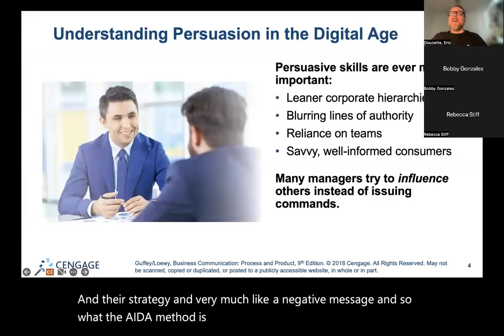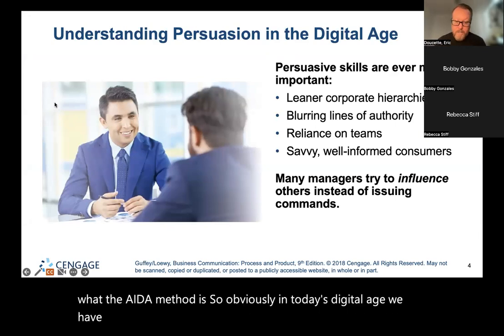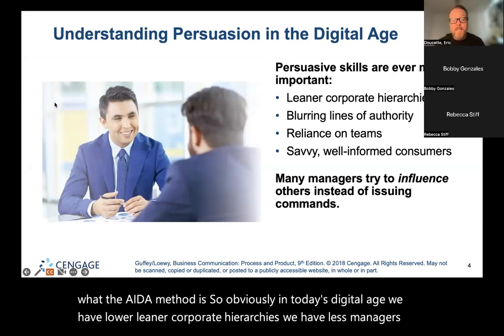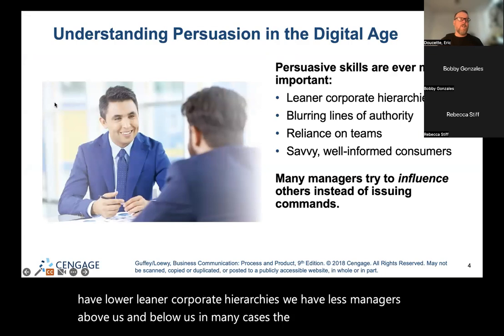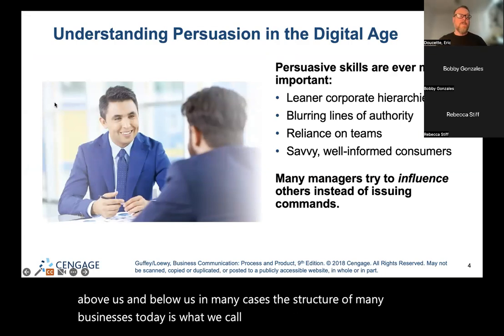So obviously, in today's digital age, we have leaner corporate hierarchies. We have less managers above us and below us. In many cases, the structure of many businesses today is what we call flat, meaning that there's very few layers of leadership.